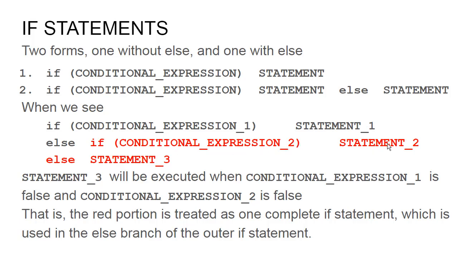If that is true, we execute statement 2. If that is also false, then we execute statement 3. So statement 3 is executed only when both of these are false. Syntactically, this uses the second form of if statement. This red part is one single if statement that is in the else branch.